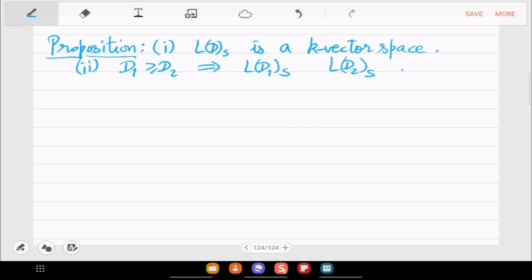So it seems that L(D1,S) should be smaller, but that is not the case because you have to remember we have a minus sign. So you are looking at functions which are greater than or equal to minus D1. So it will be the opposite. You will actually have L(D1,S) bigger. Okay, so the minus sign actually helps us in getting this property. So D1 greater than or equal to D2 means that functions which are in L(D2,S) are already in L(D1,S).